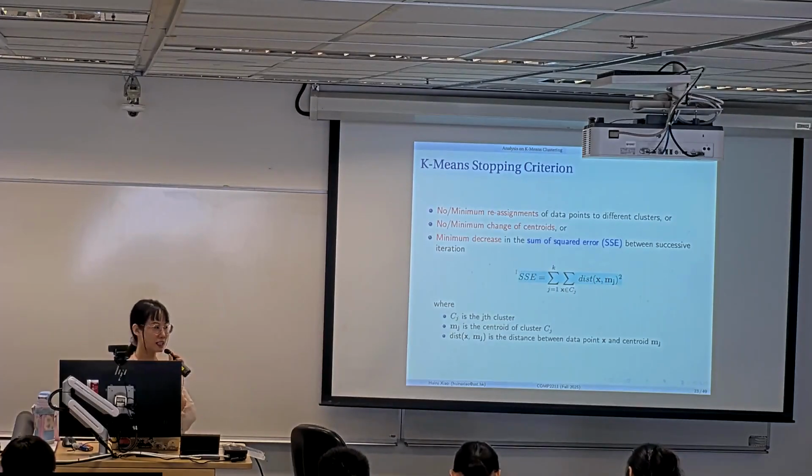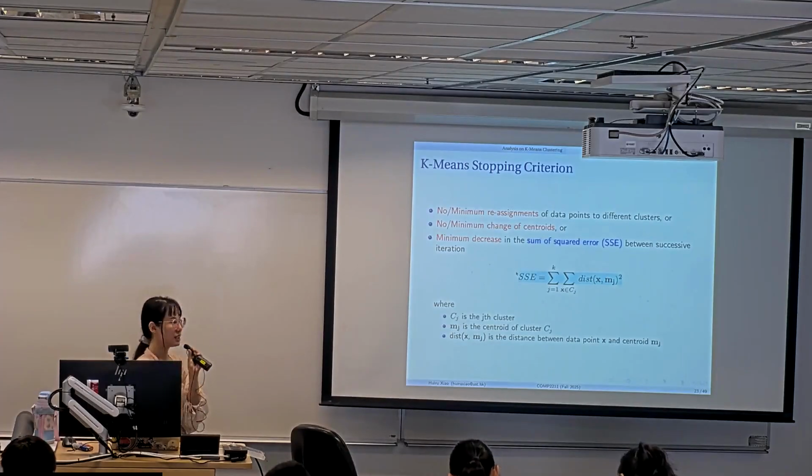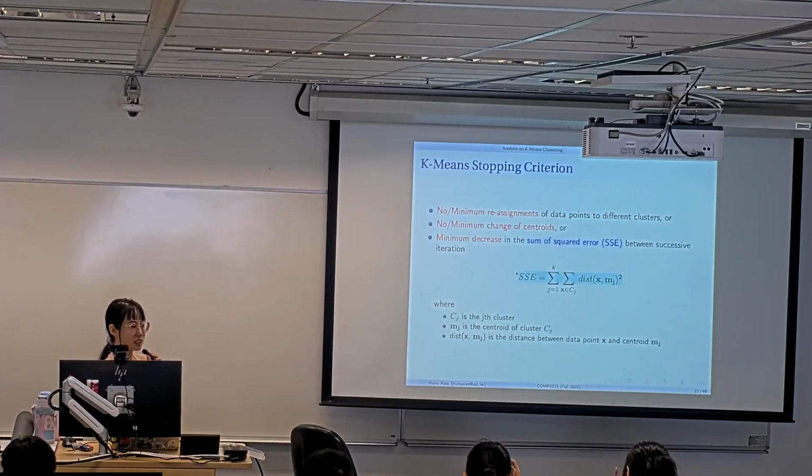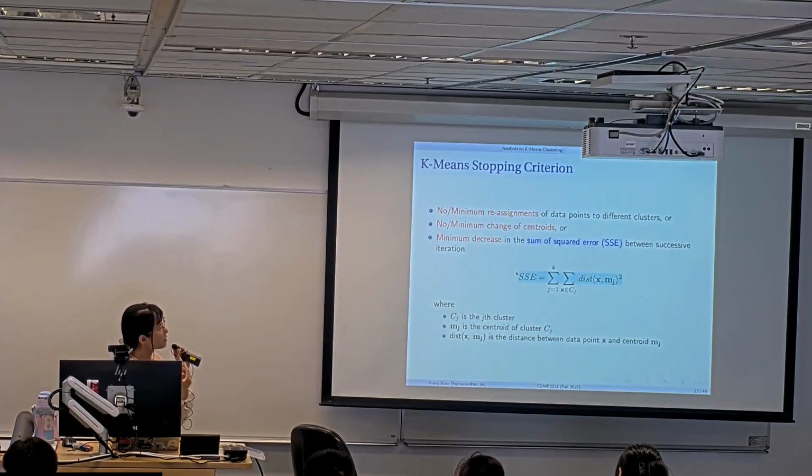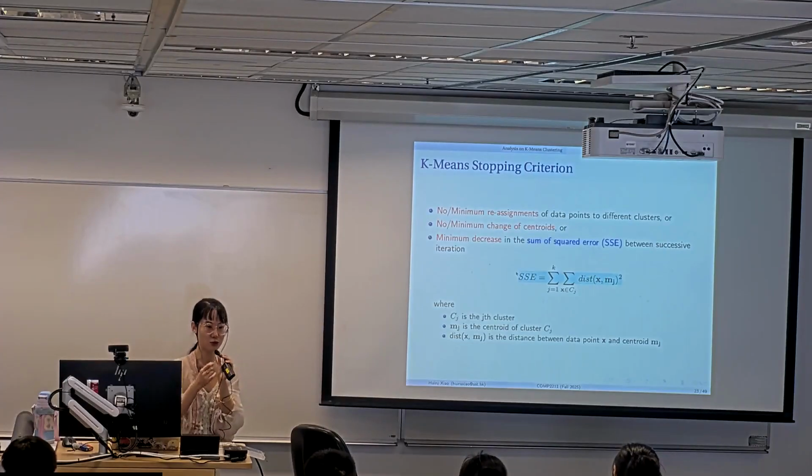Like after each iteration, will the SSE be guaranteed to decrease instead of increasing? Actually, yes. The proof, I think in the Lab 4 review notebook, the TA provided a rough sketch of proof. Actually, yes.